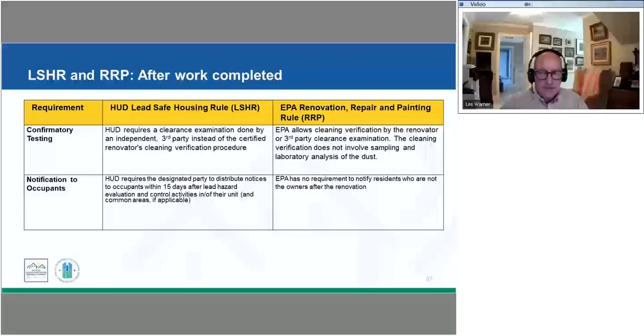So this is pointing out, it goes back to that question, this key difference between the HUD lead safe housing rule and the EPA. One of those points is that the HUD rule does require you to have this third party do the clearance testing as part of that. So, this question about could the contractor themselves do that testing? Could they use a paint dauber test kit to be able to do that?